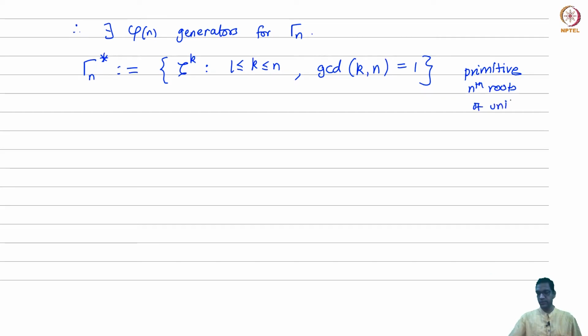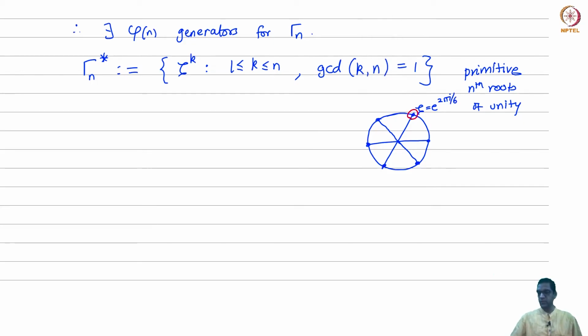In our previous example, when I talked about n equals 6, I have the sixth roots of unity. These are the 6 of them. Zeta is e to the 2 pi i over 6, and then the various powers of zeta, and only 2 of them are primitive.